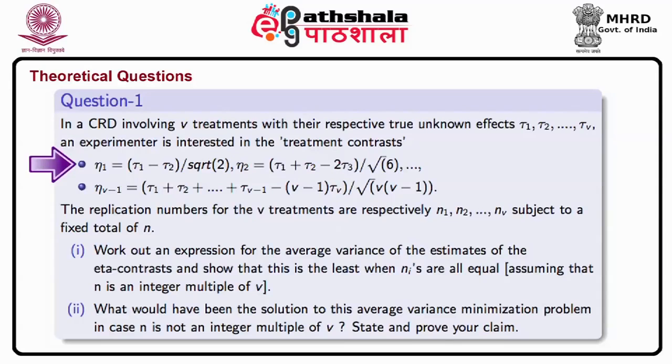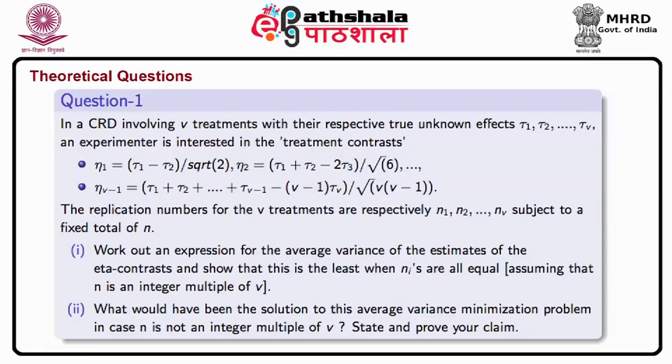Eta 2 equal to tau 1 plus tau 2 minus 2 tau 3 over root 6, etc. The last one, eta v minus 1 equal to tau 1 plus tau 2 plus ... plus tau v minus 1 minus v minus 1 times tau v, divided by square root of v into v minus 1. The replication numbers of the v treatments as usual are respectively n 1, n 2, ..., n v, subject to a total of small n.